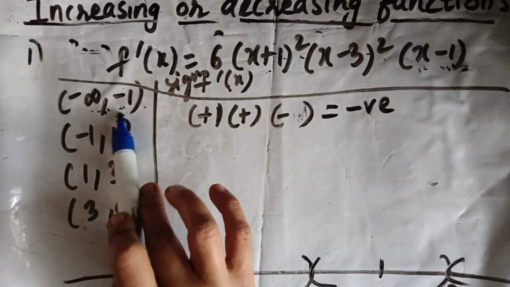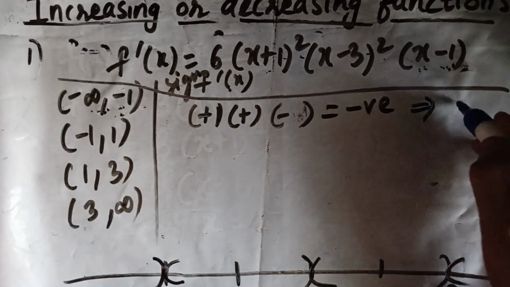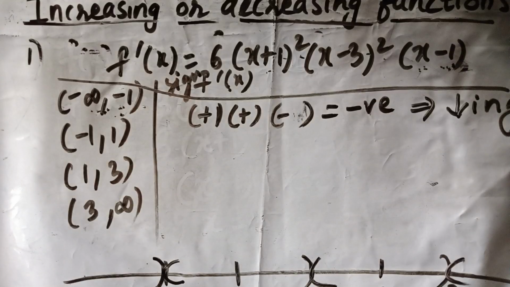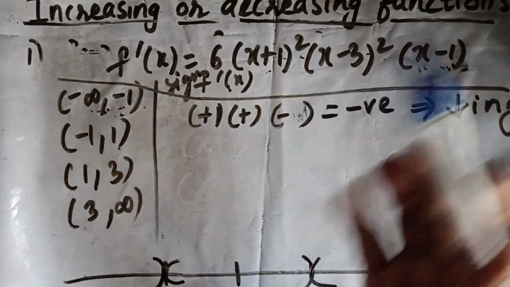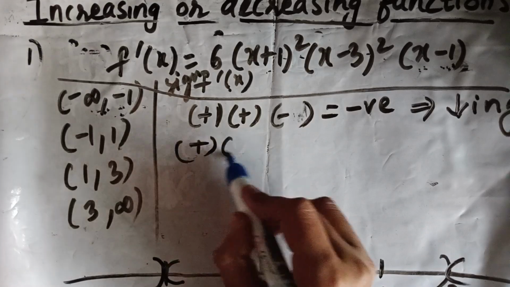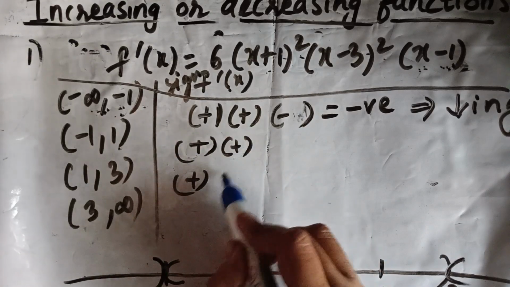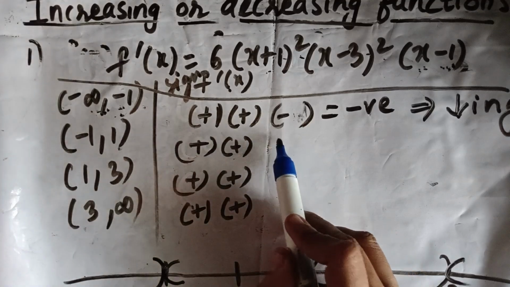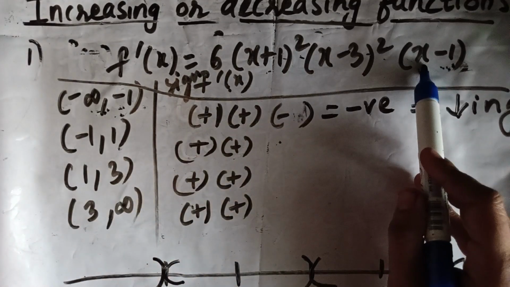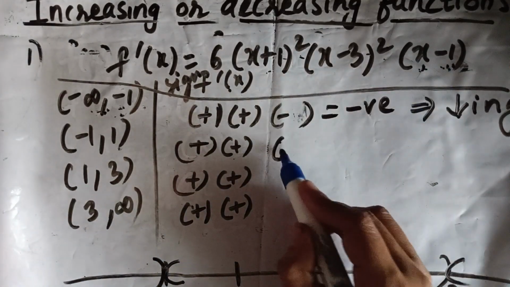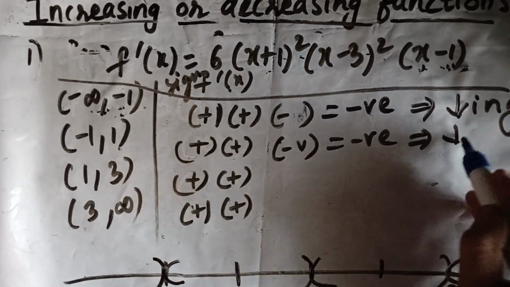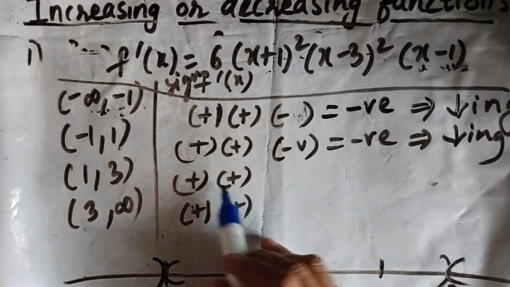So in this interval the function is decreasing. What about this -1 to 1? I'll put 0. First two are positive. For the last one, if I put 0, 0 minus 1, so negative. Decreasing.